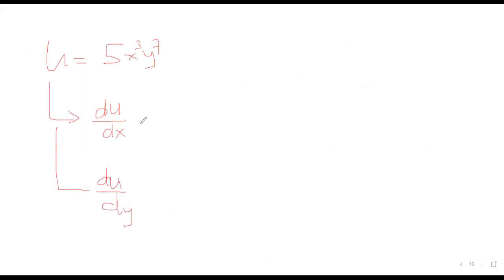So du over dx is the marginal utility of x. Since we are only interested in the x, the y will remain as it is, as y^7. So we're going to differentiate 5x^3. What does 5x^3 become? It will be 15x squared. Correct.